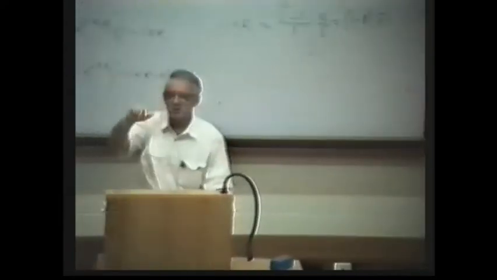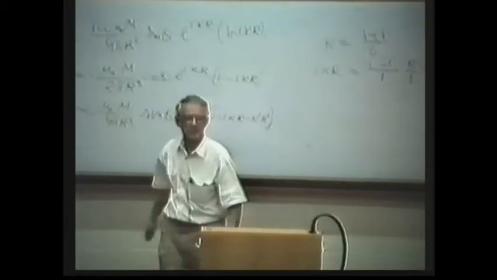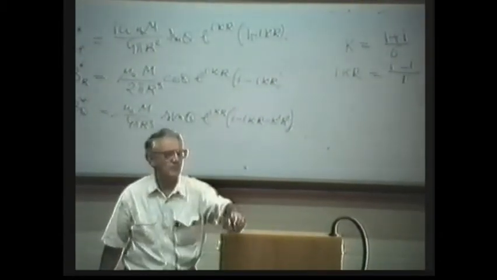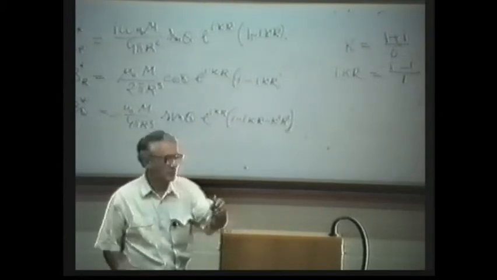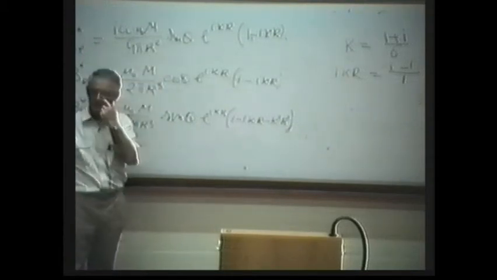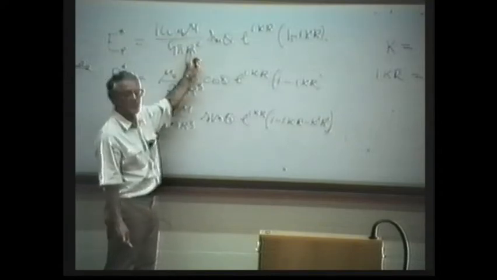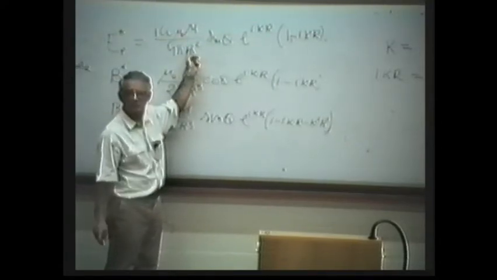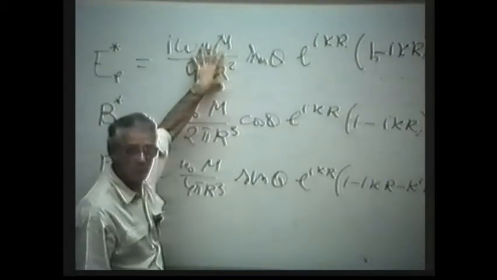So, if I increase distance, what happens with the electrical field? Why? Well, I start to increase distance from the source, from the dipole. What happens with this term? One over r gets smaller.